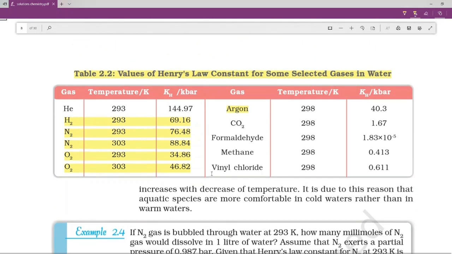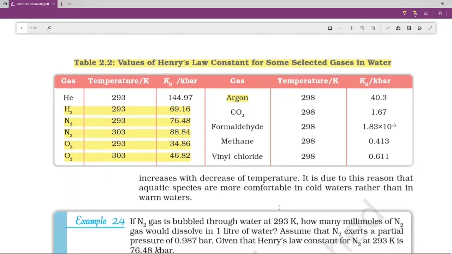Indirectly it just says the reverse of the statement we observed here. If we increase the temperature, obviously the KH value will increase, and if the KH value increases, then our solubility will decrease. In other words, if we decrease the temperature, then obviously the KH value will decrease, and if KH value decreases, then our solubility will increase.